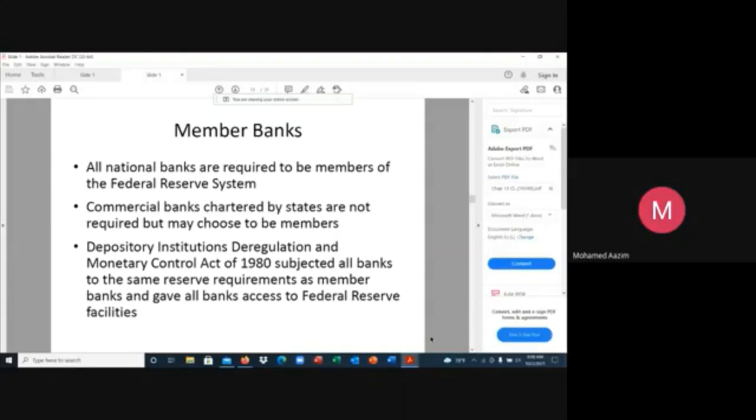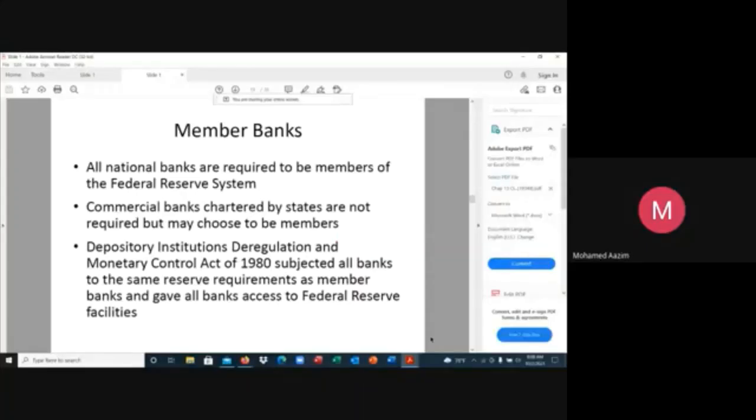In Sri Lanka, we call it the statutory reserve requirement. Effective 1st of September this year, the statutory reserve requirement in Sri Lanka was raised by 2 percentage points, from 2 to 4%. So for each 100 rupees that you accept as deposits, you have to keep 4 rupees with the central bank. If it is 2%, it's 2 rupees.